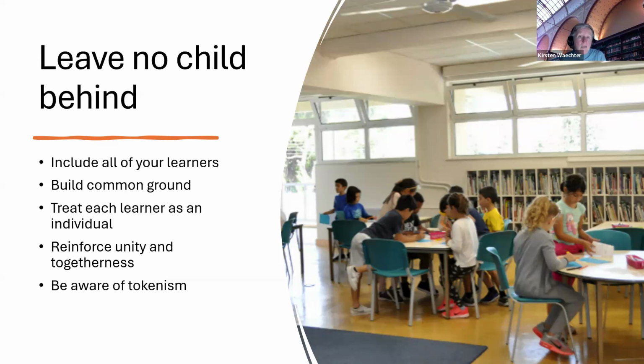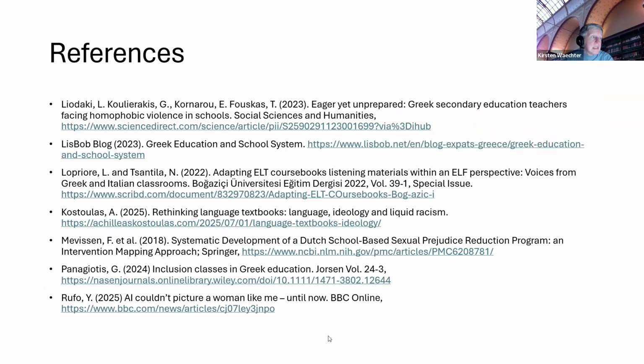Treat each learner as an individual, which is a huge challenge in German classrooms, because teachers have 30 students in their classroom. I would say that's one of the biggest challenges, because it's really difficult to see the individual, especially if people are quieter. Try to reinforce this feeling of unity and togetherness in the classroom, and be aware of tokenism, because that's not true diversity.